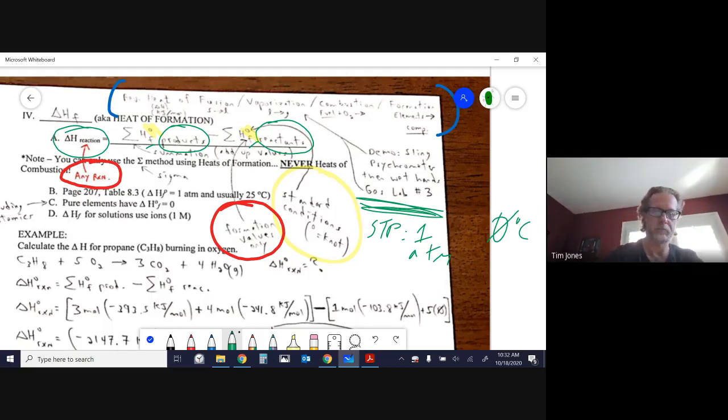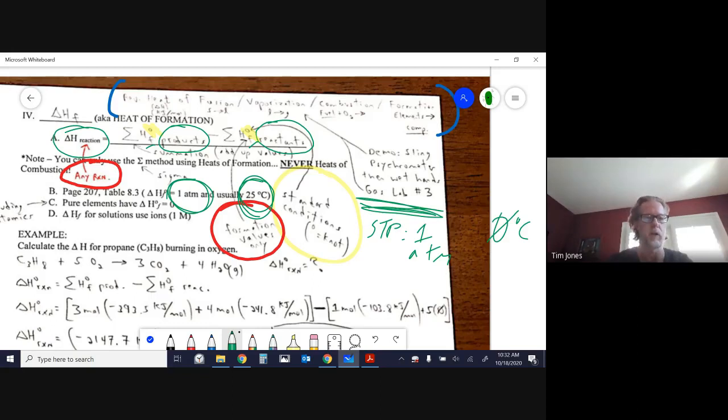Standard conditions is 25 degrees Celsius, which is roughly room temperature, and 1 atmosphere. So the pressure is the same, but the temperature is more like room temperature as opposed to the colder STP. So be careful here. Typically the charts are already in this situation. You don't have to worry about it.